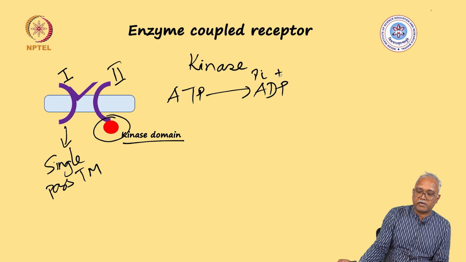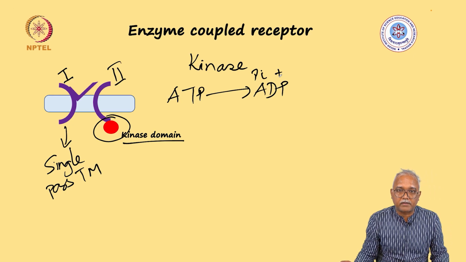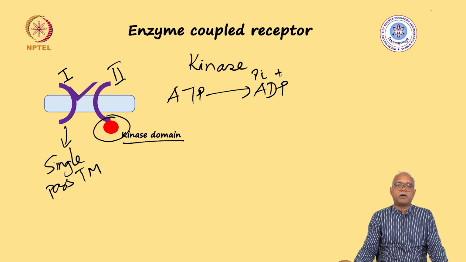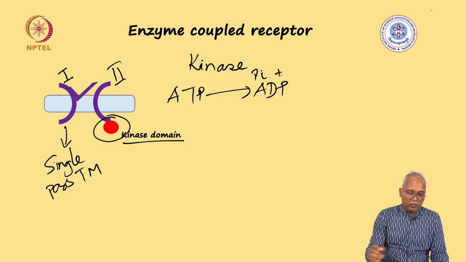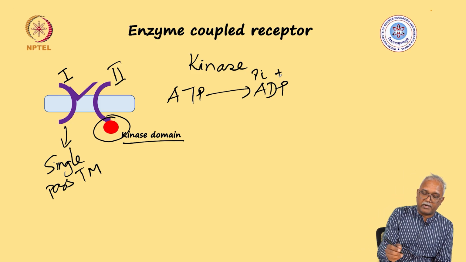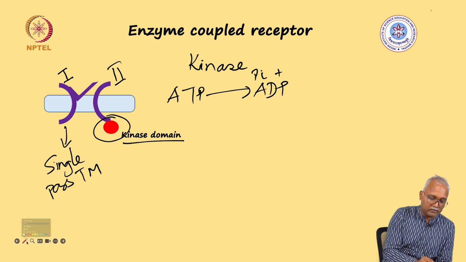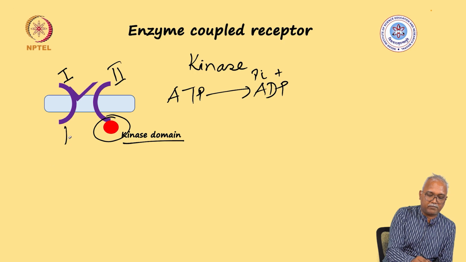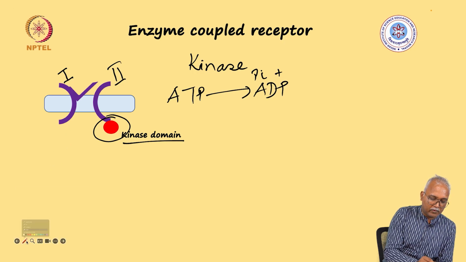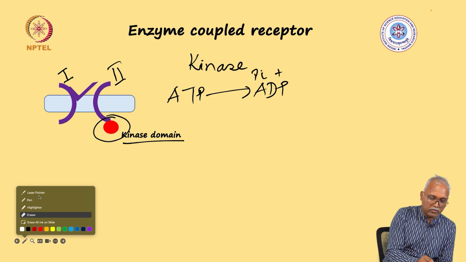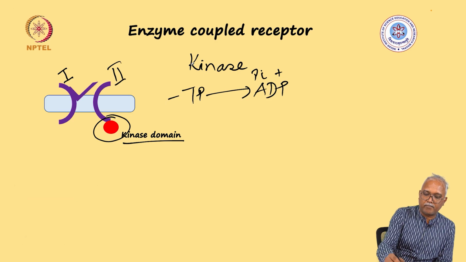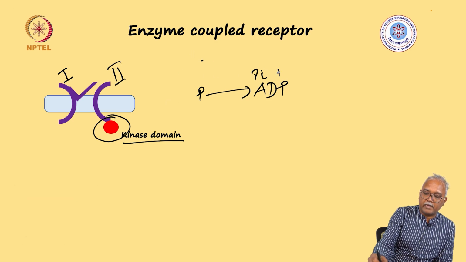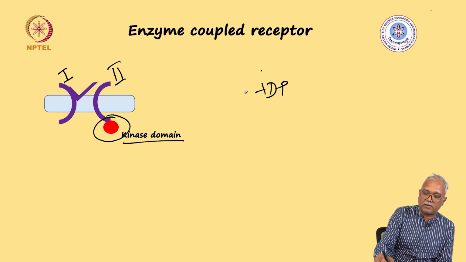This phosphate which is generated will be transferred to a particular amino acid or target residue. We know that this phosphorylation event is very important, and this is what will trigger the signaling to move forward. So the single pass transmembrane receptor which we see here, when it binds to the receptor, it will probably get into something as a very preliminary step of signaling which is called dimerization.